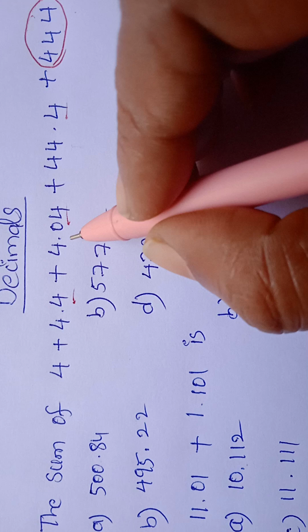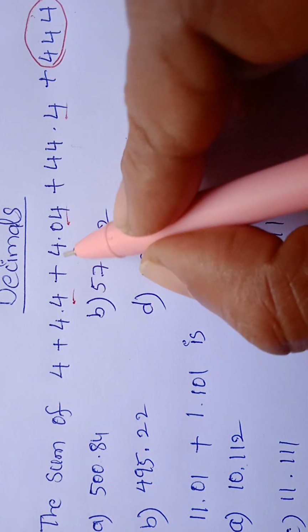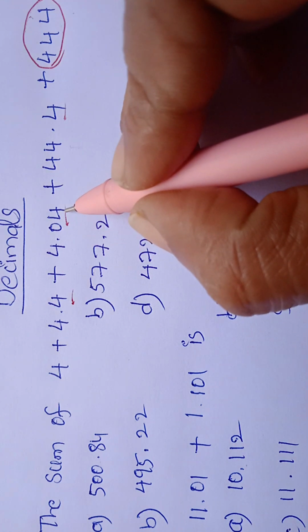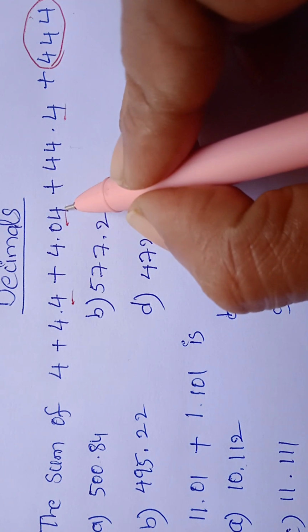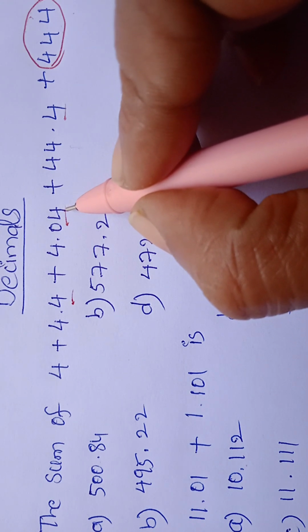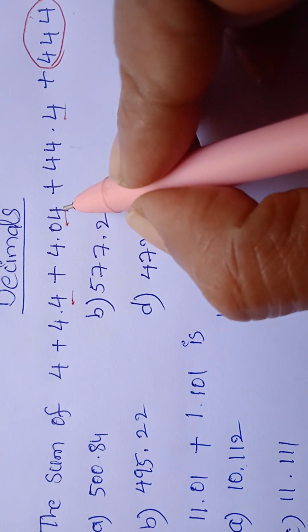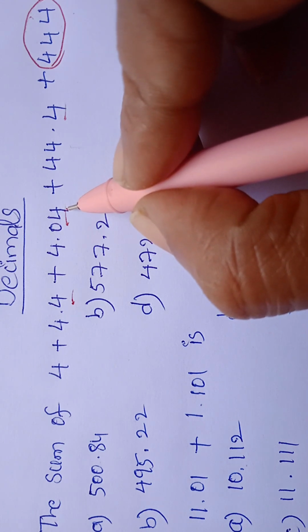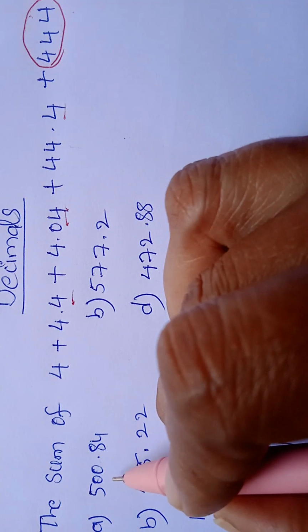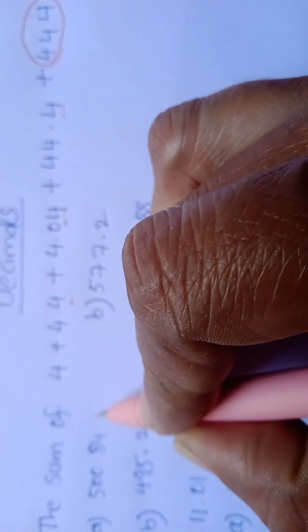In this sum, after the point, this is the 10th place, this is the 100th place. In the 100th place only 4 is there. So in the answer, in the 100th place only 4 will come. So I think the answer is this one only.